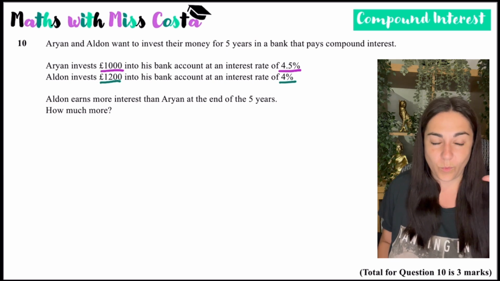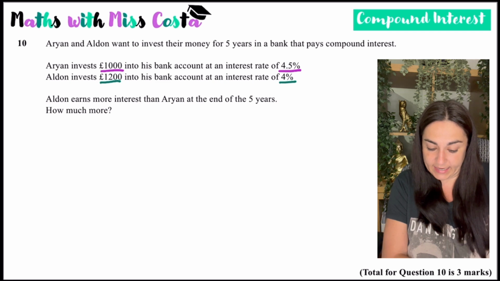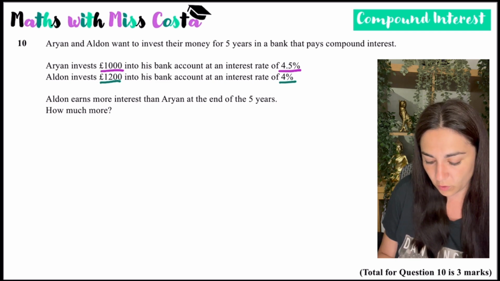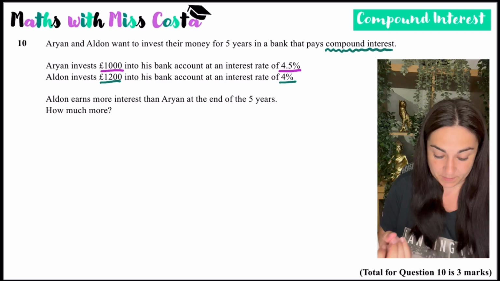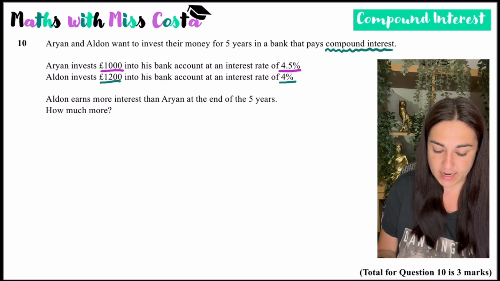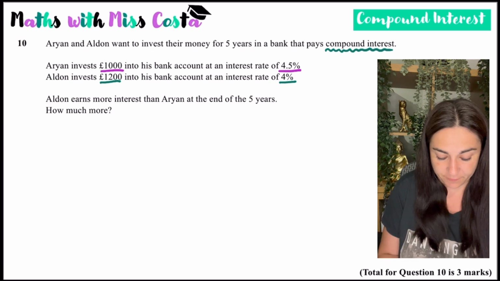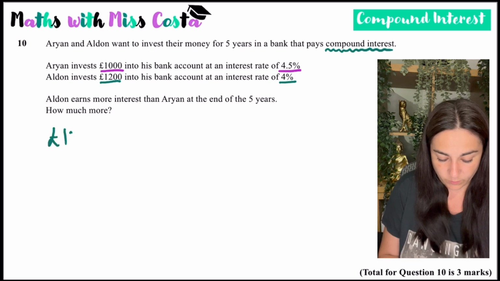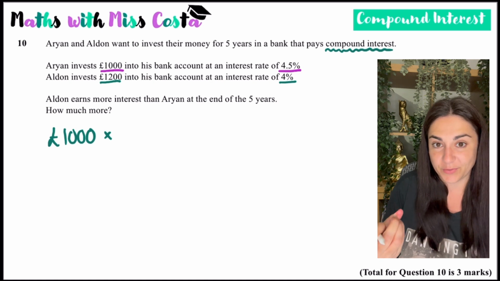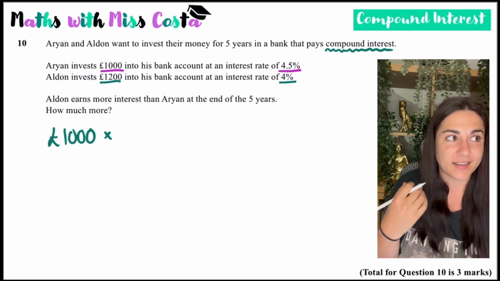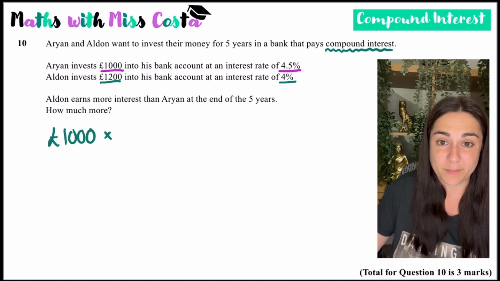So it's a compound interest question. There are lots of ways that you can do it, but if you've got compound interest, what that means is you're multiplying the money in your account by your multiplier. So for example, for Arian, we've got £1,000 and there's an interest rate of 4.5%, which is basically where the bank gives you free money for keeping your money with them.